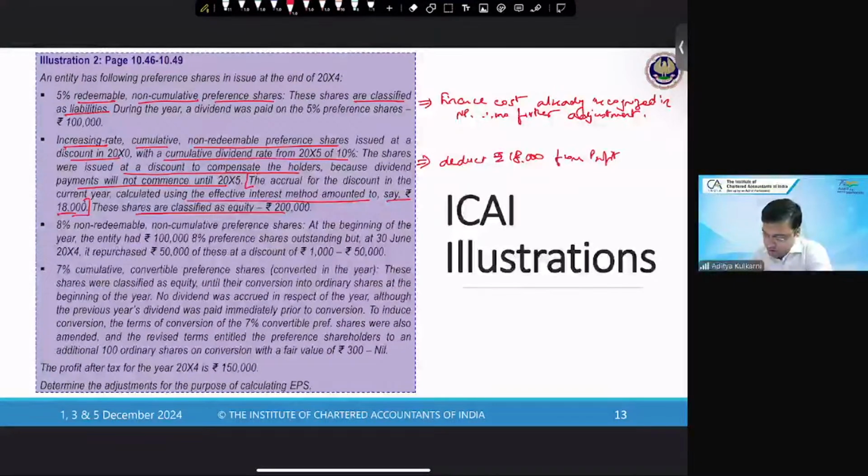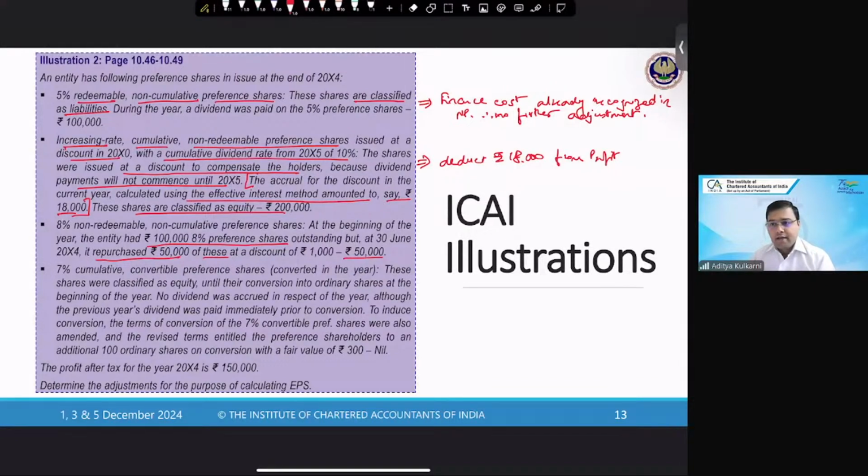8% non-redeemable, non-cumulative preference shares. At the beginning, the entity had 1,08% preference shares outstanding. But at 30th June, it repurchased 50,000 of these at a discount of 1,000. So repurchase is 50,000. So what are you going to do with this? Sir, the repurchase is being paid at a discount instead of a premium, so where we would deduct the premium, we will add this. Right?